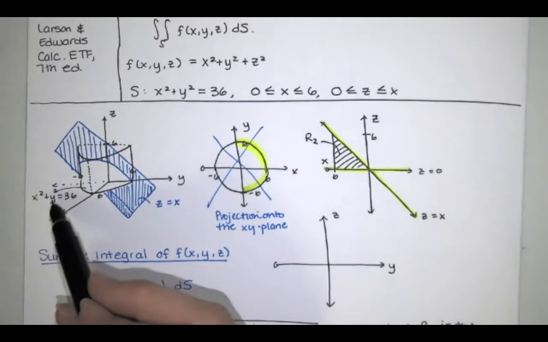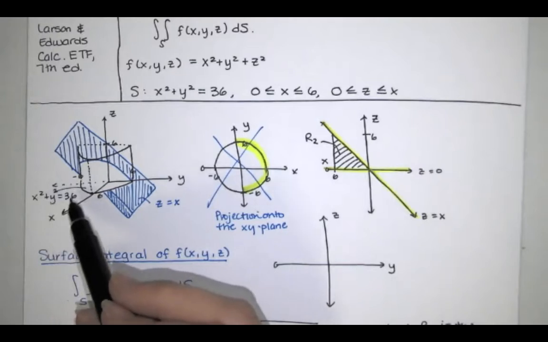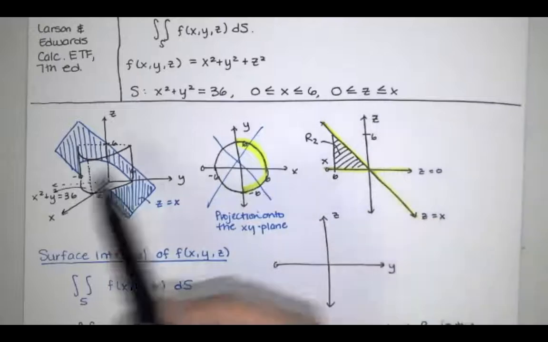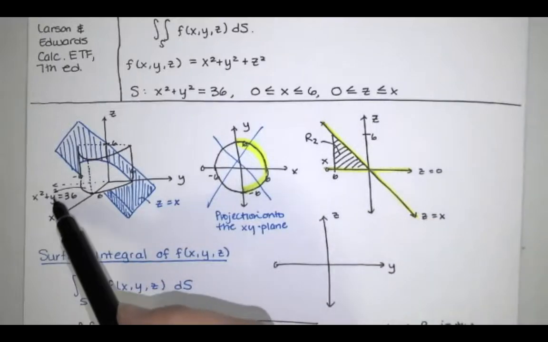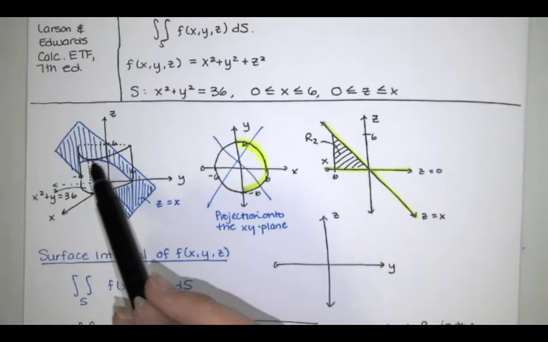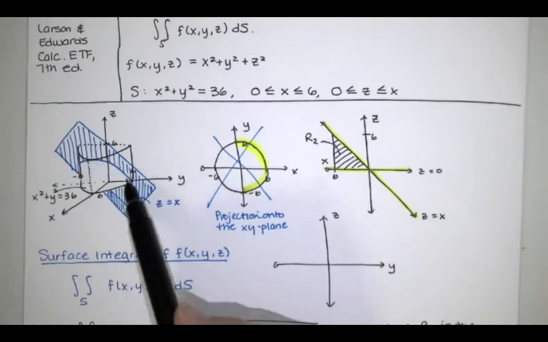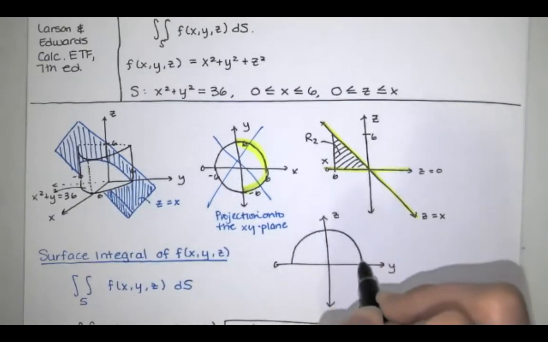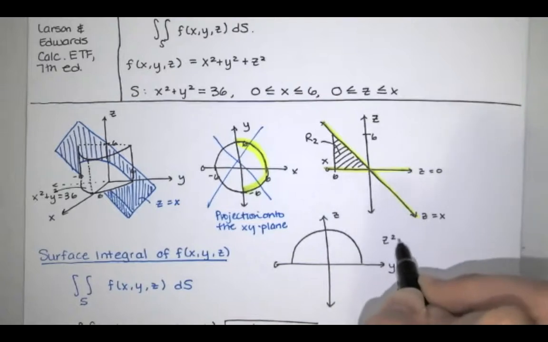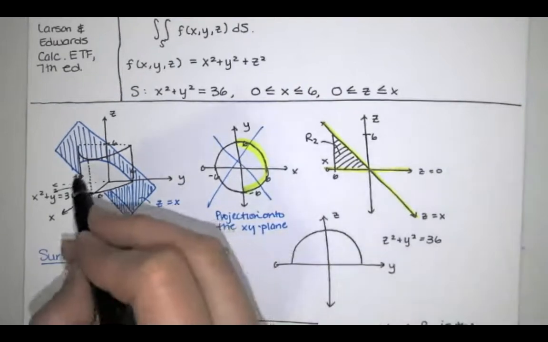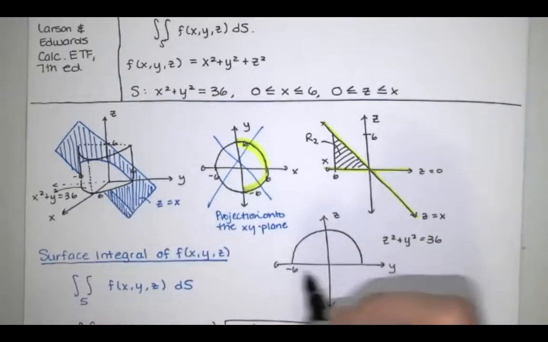But since x squared plus y squared is equal to 36, and z is going from 0 to x, when z is equal to x, we're going to have z squared plus y squared equals 36. That's that boundary, because z is equal to x on that plane. So we'll have z squared plus y squared equals 36, and y is going to range from -6 to 6.